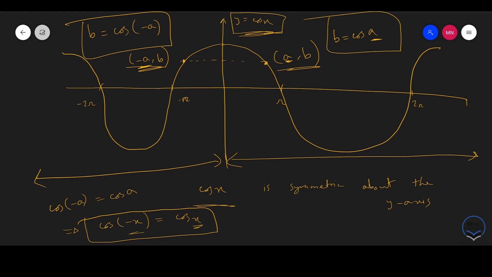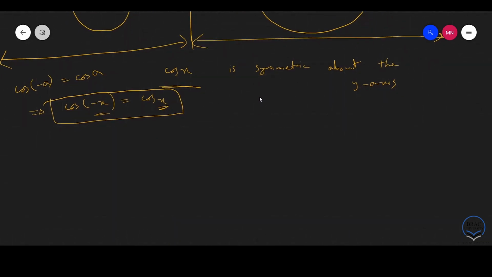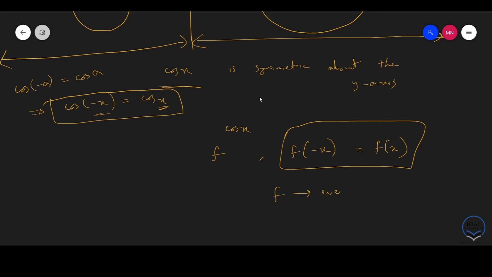Right, and this function, the cosine of x, is an even function. Right, so if I have some function f, where f of minus x is equal to f of x, then in this case, f will be an even function.